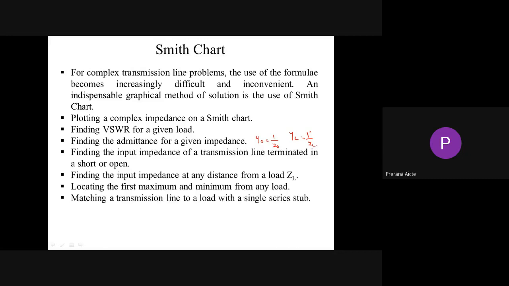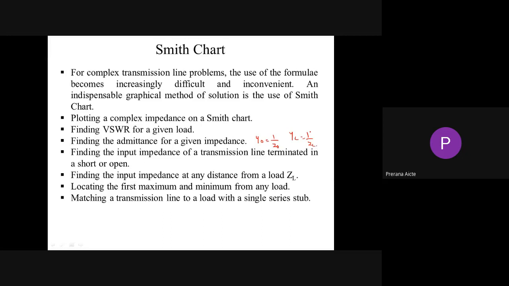Matching a transmission line to a load with a single series stub. So matching a transmission line to the load is based on the impedances. If it is impedances, then the stubs are connected in series combination. If we calculate the admittances, then the stubs are connected in parallel combinations.